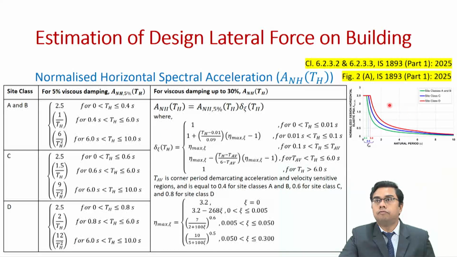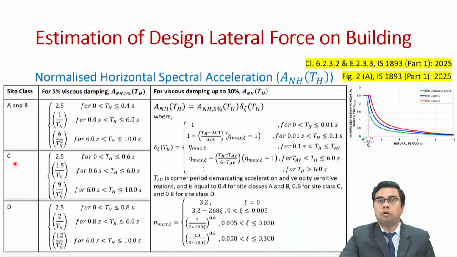Okay, the figure on the right hand side also shows the same, that is, these are plots for normalized horizontal spectral acceleration ANH for different site classes. As you might have observed, site class A and B have the same value of normalized horizontal spectra, which is given by this green color plot.